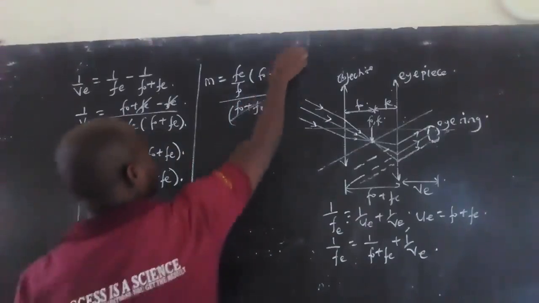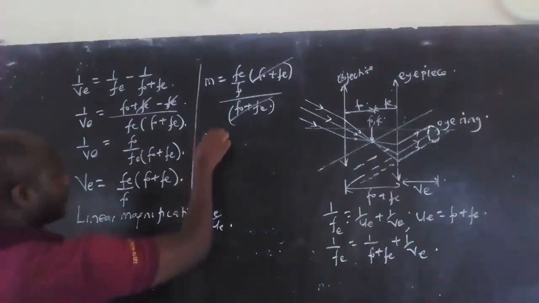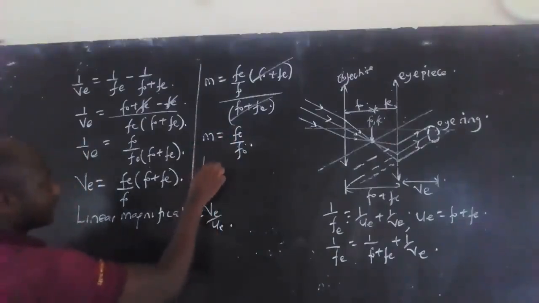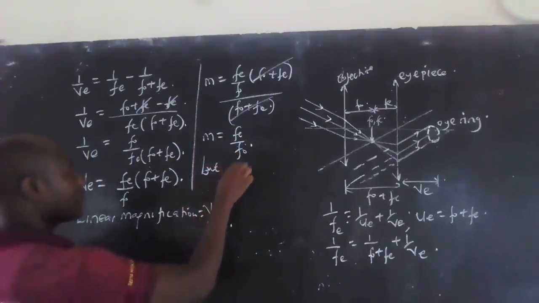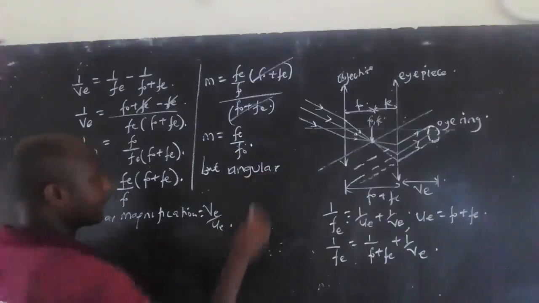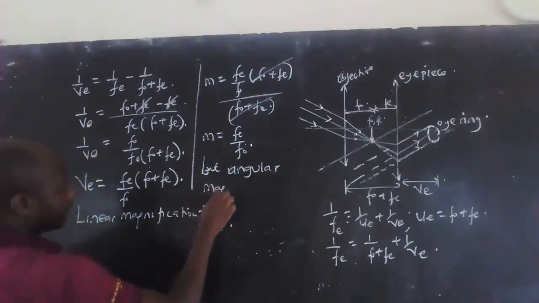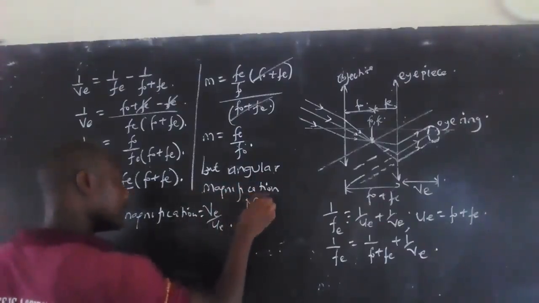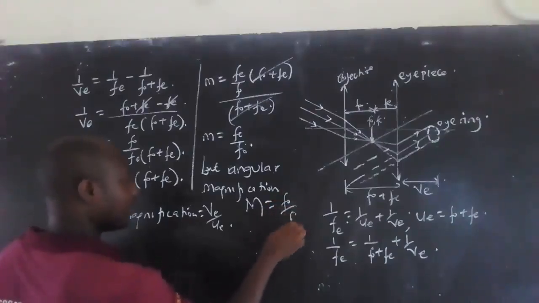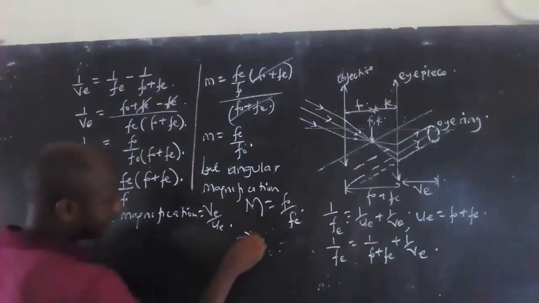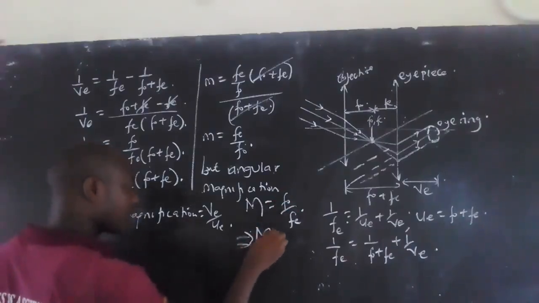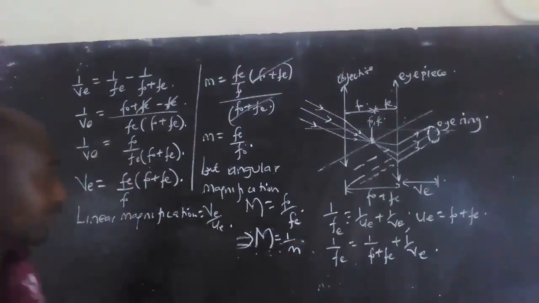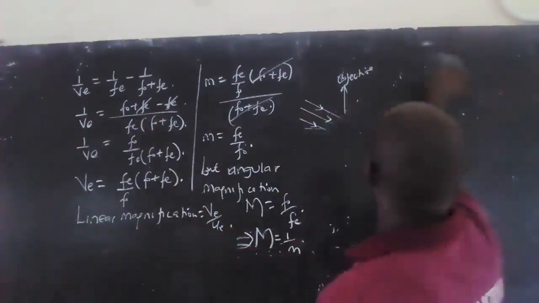So this will cancel with this. Linear magnification will now become FE over F naught. But the magnifying power, angular magnification, capital M is equal to F naught over FE. This implies that capital M is equal to 1 over linear magnification.